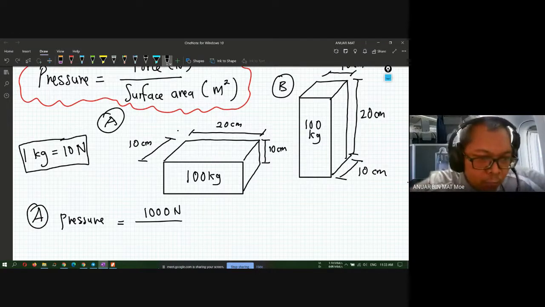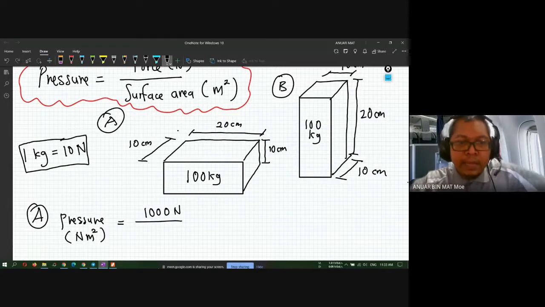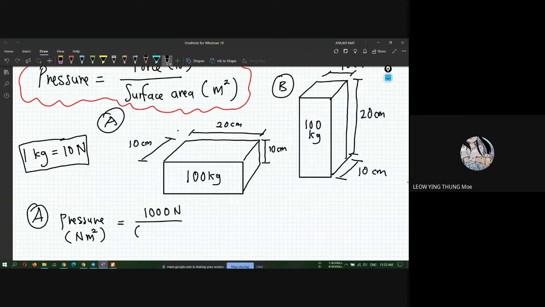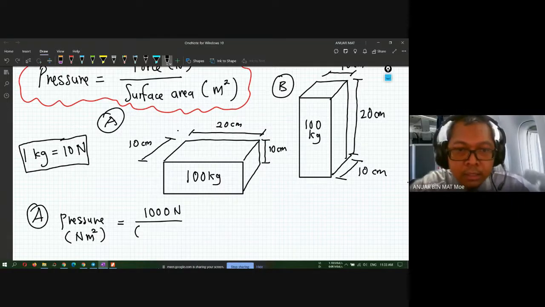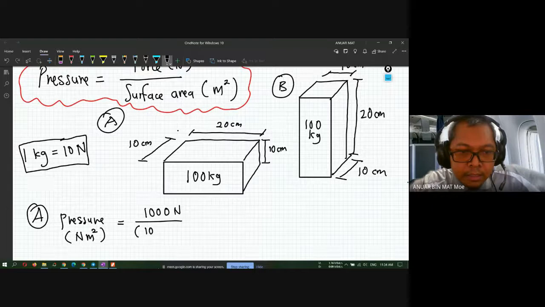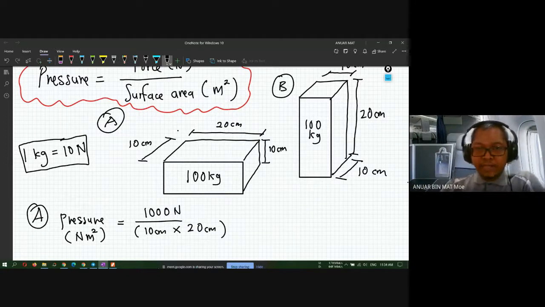And then what is the unit of pressure? The unit of pressure is Newton per meter square. And then what is the surface area? Surface area for A, how much? 200? How do you find the surface area? Surface area is 10 centimeter times 20 centimeter, right?